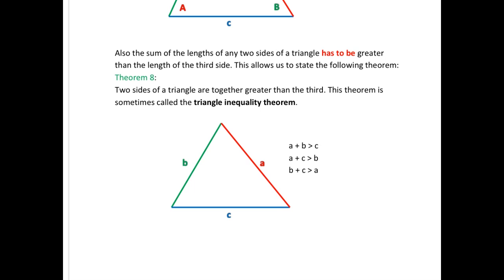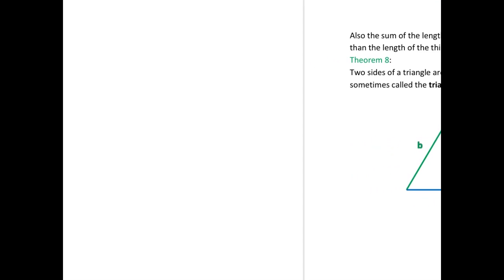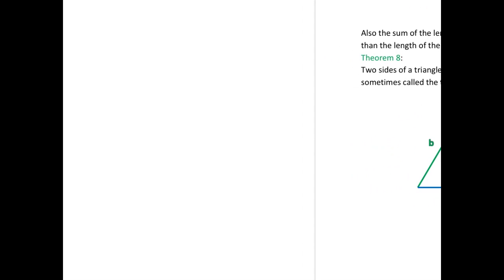The reason for this can be seen, I'll try to draw it over here. If we have one length of a triangle, let's draw it here, and let's call it A. If we then have two lengths that are smaller than A, we can't actually draw a triangle from them.